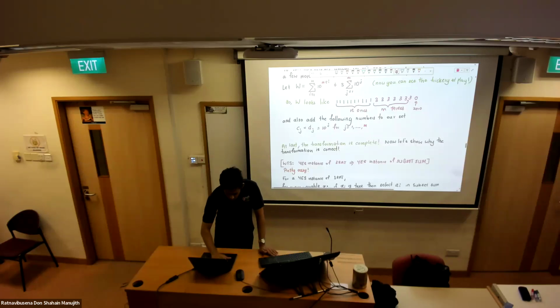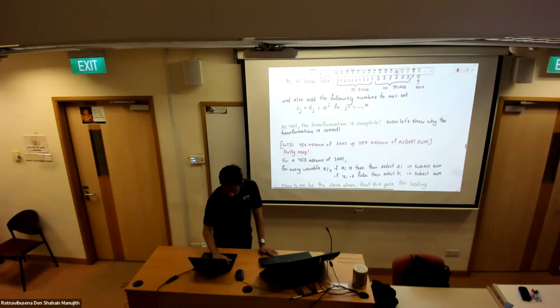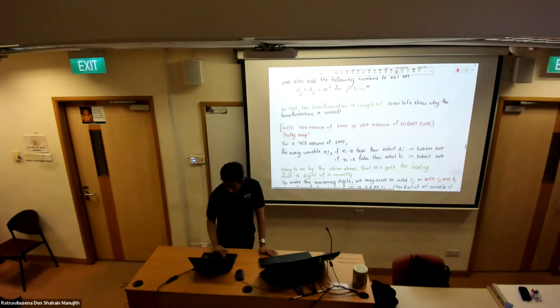Now look here. For any yes instance of 3-SAT, we consider every variable xi. If xi is true, we need to select ai in the subset, and if xi is false, we need to select bi in the subset. That's how we solve this problem.